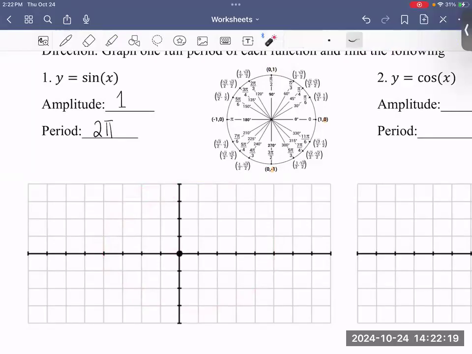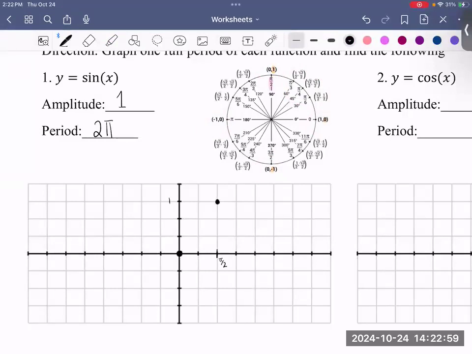Then as we travel along, we could certainly graph all of these values, but I'm going to start by graphing some of the more important values. From 0, we go all the way up to 1, and that happens at pi over 2. So if this right here is pi over 2, at pi over 2 we're going to go all the way up to, let's call this right here, 1.